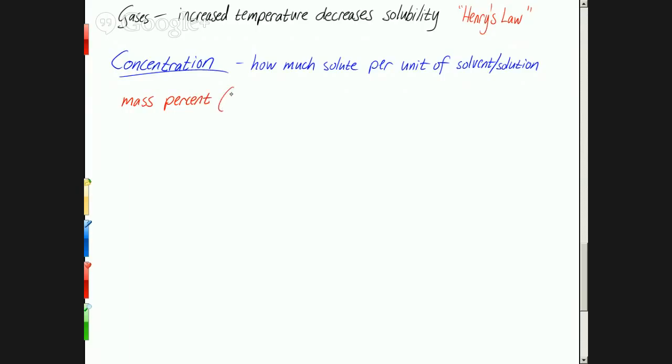Sometimes that's written as M over M, or percent by mass. The reason it's written that way is because the equation for mass percent is the mass of the solute divided by the mass of the solvent times 100%.